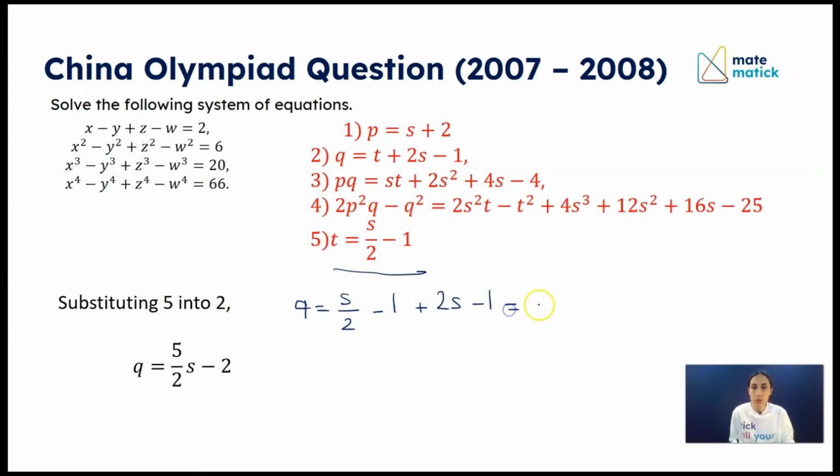So this will become q equal to 5 over 2 s minus 2. Okay, so now I found q in terms of s as well.